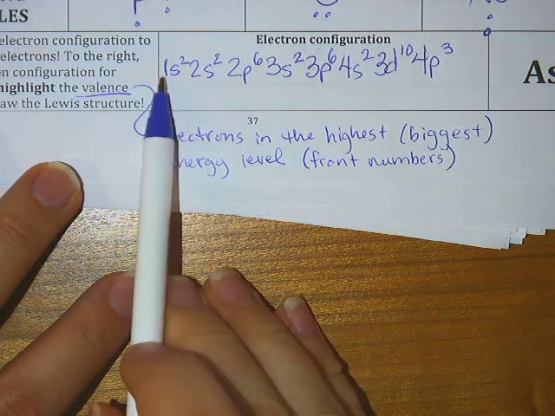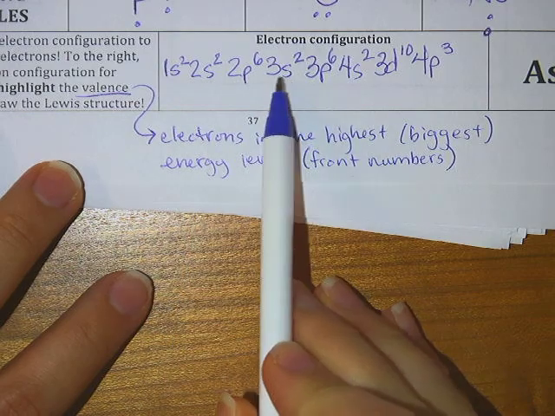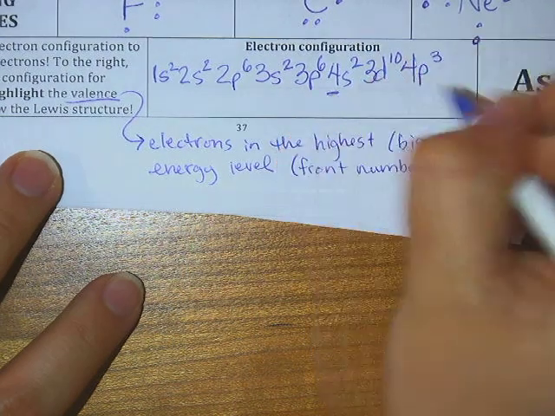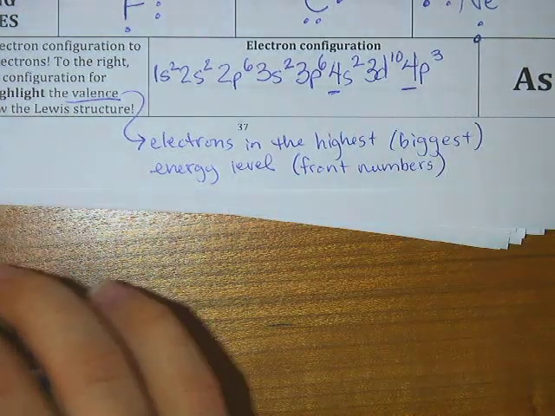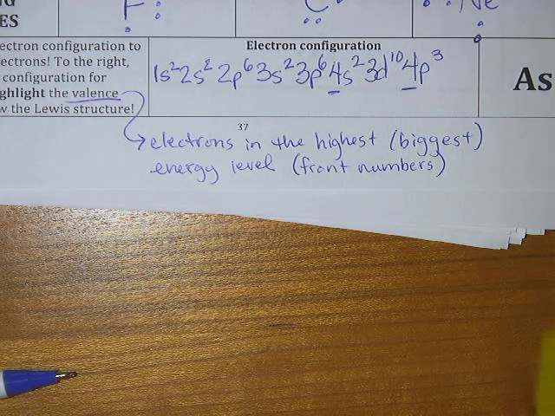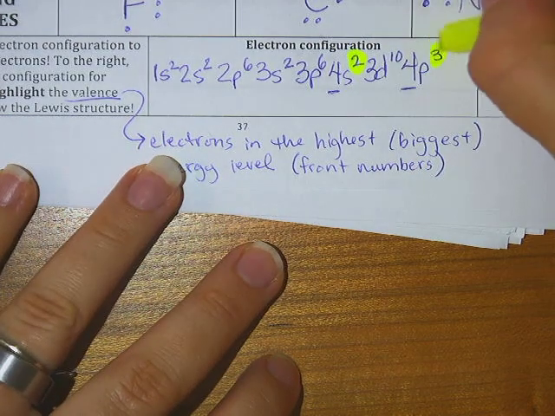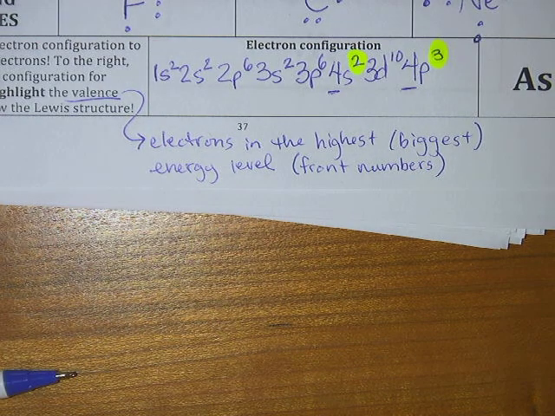So for arsenic, I've got 1, 2, 2, 3, 3, 4, 3, 4. The highest energy level is this 4th energy level here. So all those electrons that are in the 4 sections, so the 4s2 and the 4p3, those are your valence electrons.